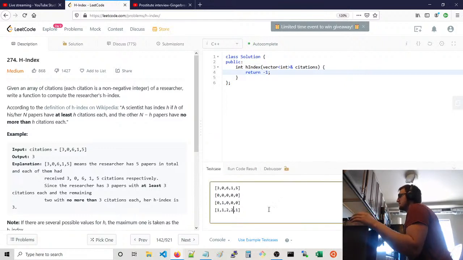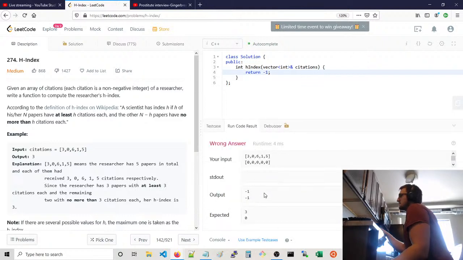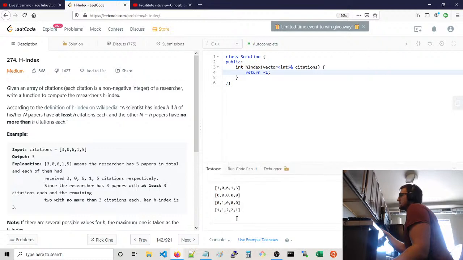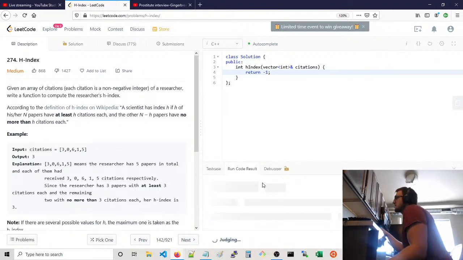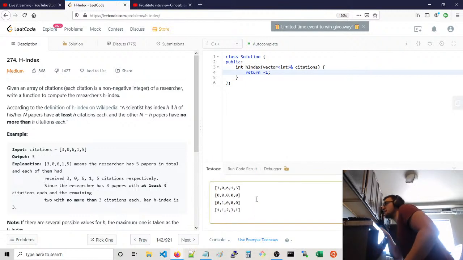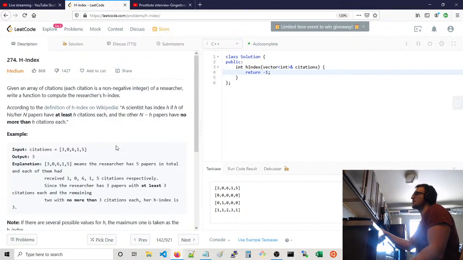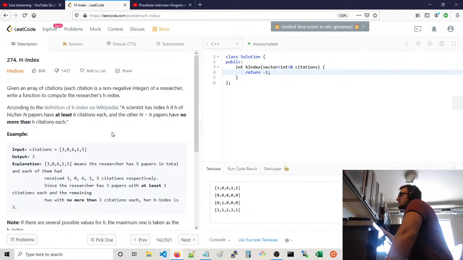Throw a 2 in there, it gives 2. Now if you make this a 3, it's still going to give you 2, I think. I don't really understand their definition. I actually think part of my solution to this problem is literally figuring out what they mean, because this doesn't really make sense.